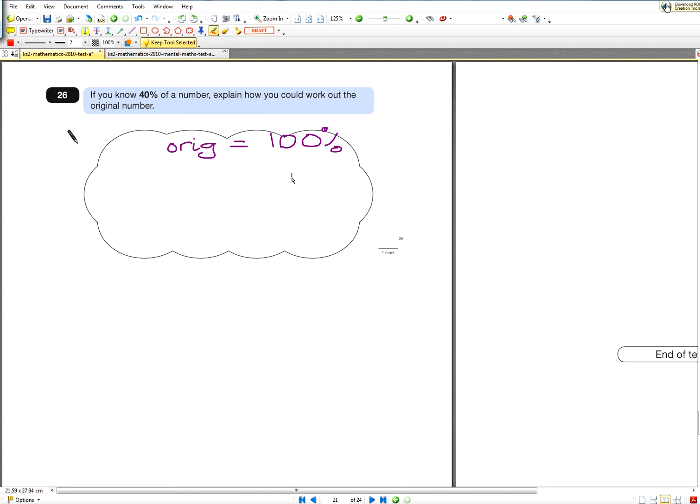We know 40% of the number. Just call it X. How do you get from 40 back to 100? 60. Now, if I want to get from 40 to 100, if I double 40, what do I get? 80. We get 80.